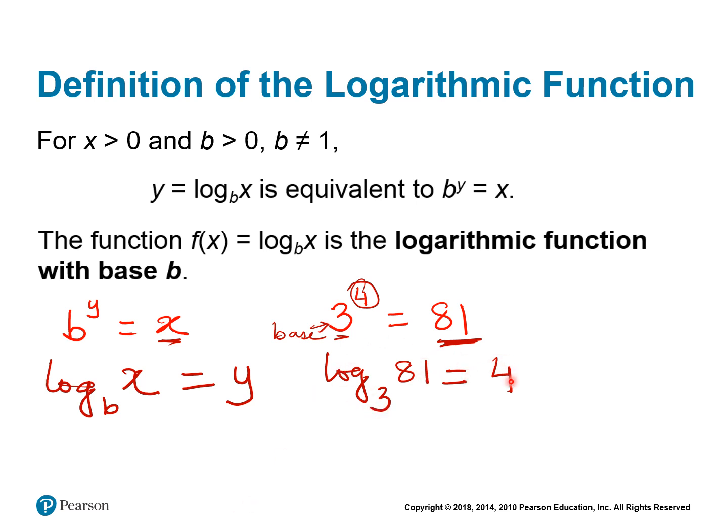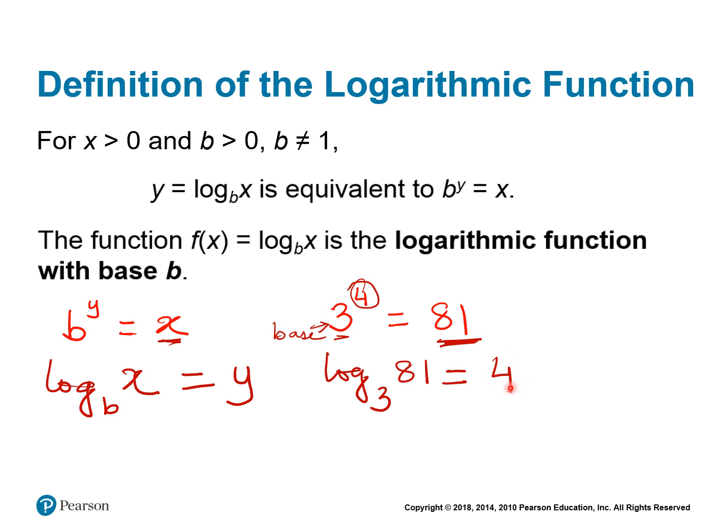So we could read it as: what exponent should we raise the base 3 to in order to get a value of 81? And the answer to that is 4.